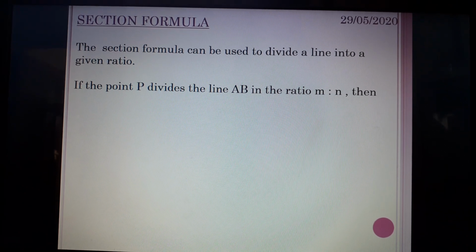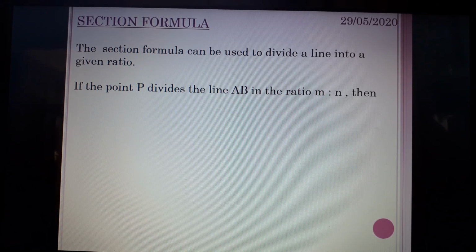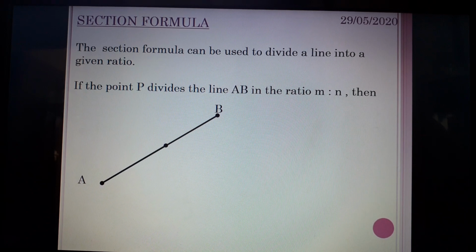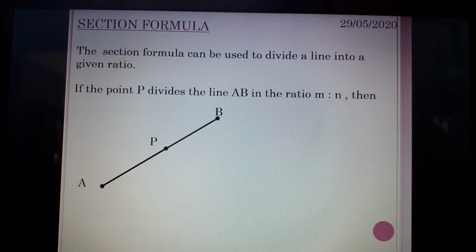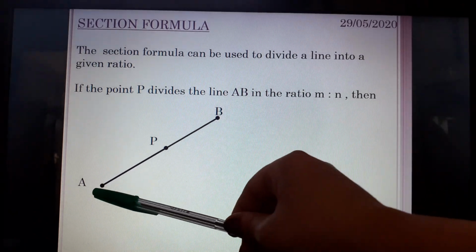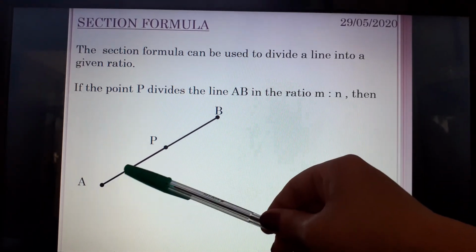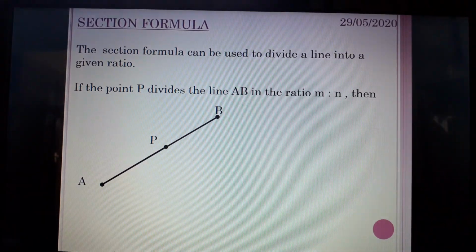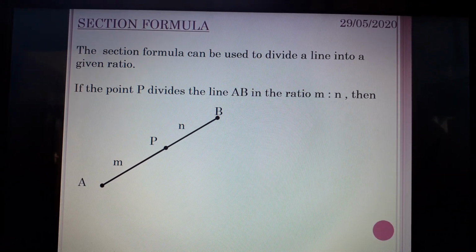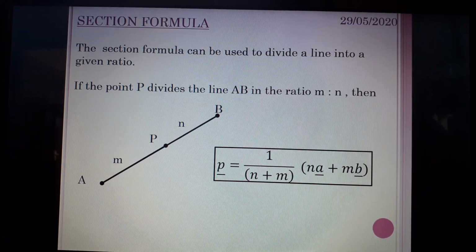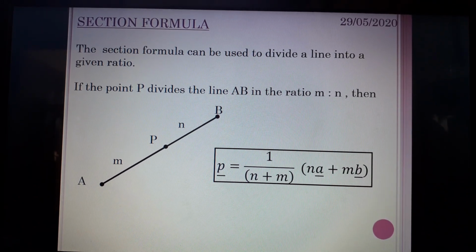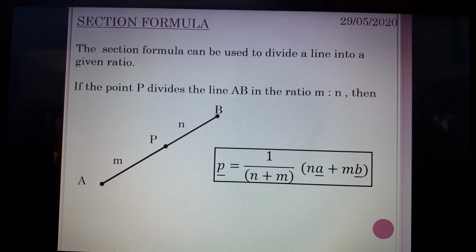If the point P divides the line A and B in the ratio m to n, that means that the point P divides A and B in the ratio m parts to n parts, m to n. Now these letters m and n will usually represent numbers. Now this looks quite complicated, but it's quite simple when you actually start to do it with numbers.